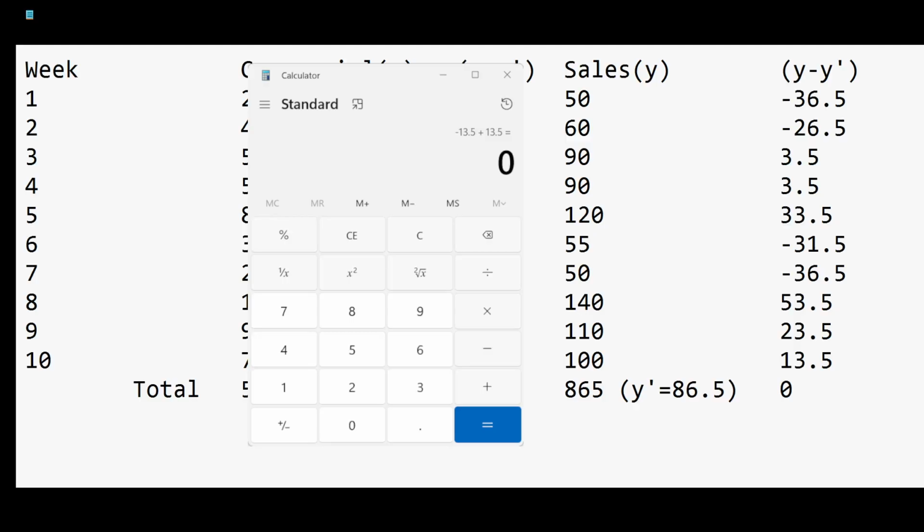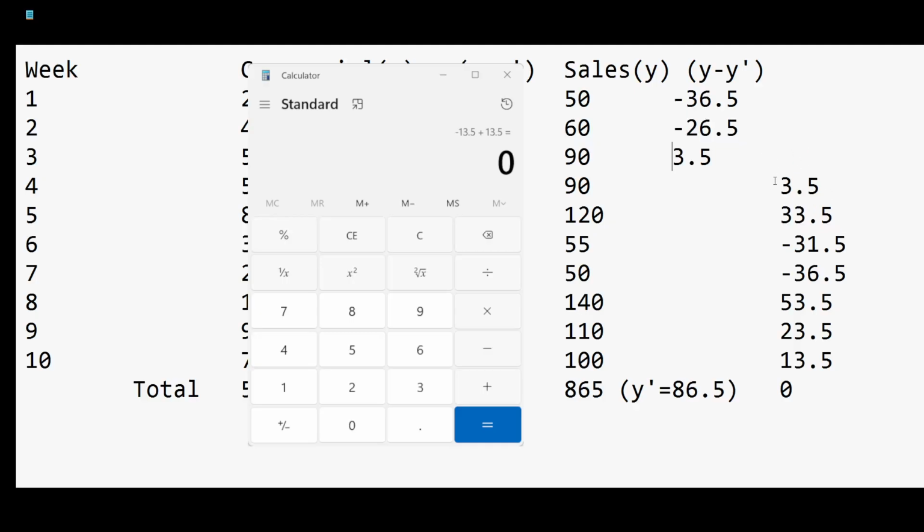After that, we are going to multiply our value negative 3.5 by negative 36.5. Let's adjust so that we could create our summation.